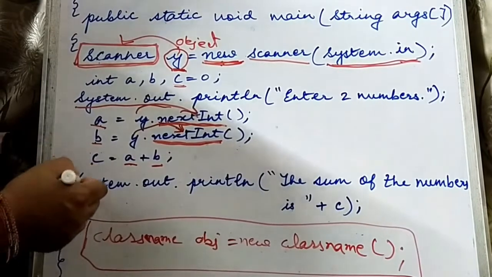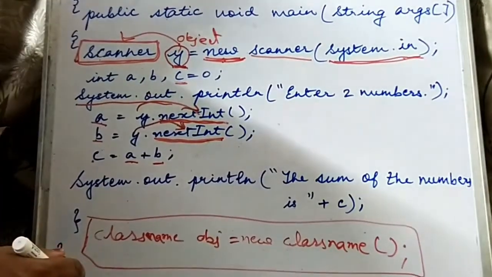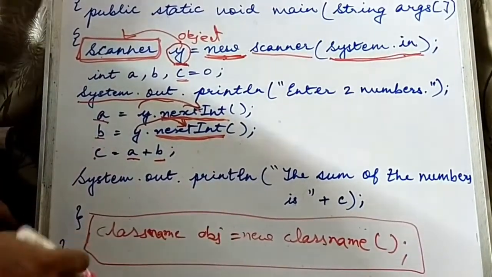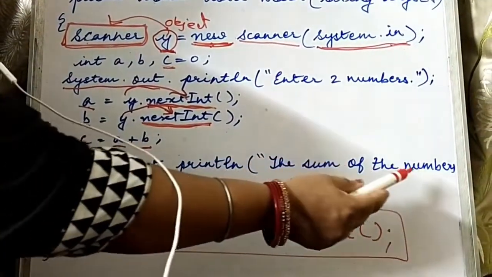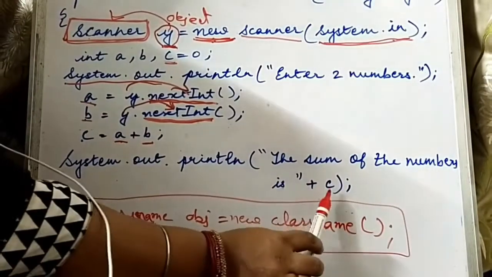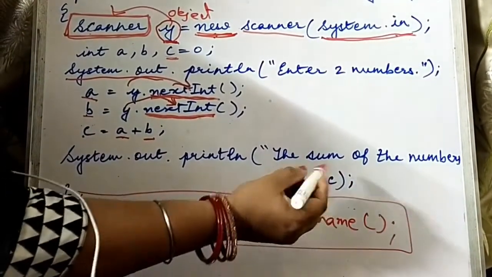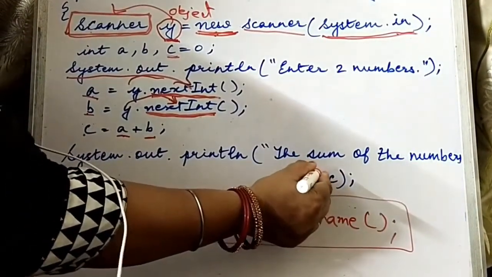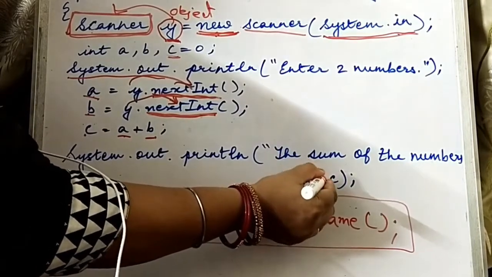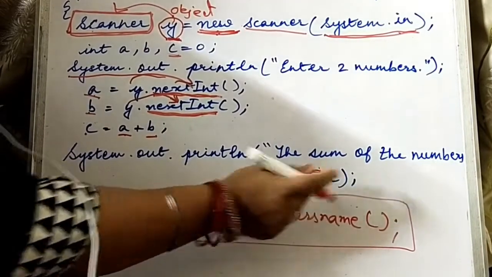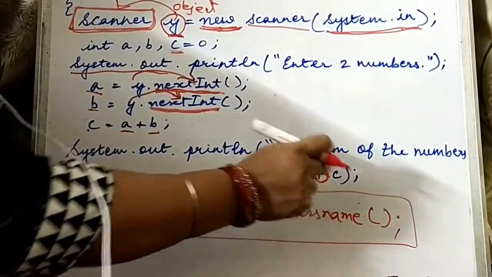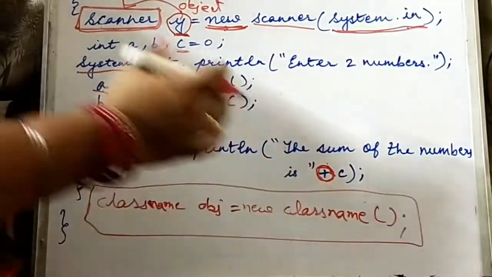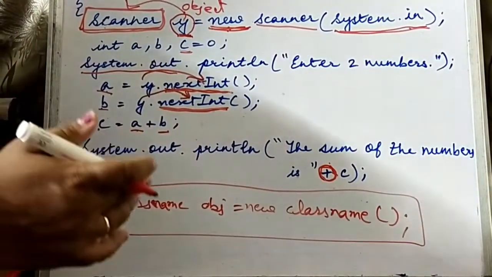And at last, the way you display in the BlueJ program, in a similar way you will display: System.out.println, the sum of the numbers is c. So why am I using the plus sign here? Because plus is known as the concatenation operator, which allows a string and a number to be printed together.